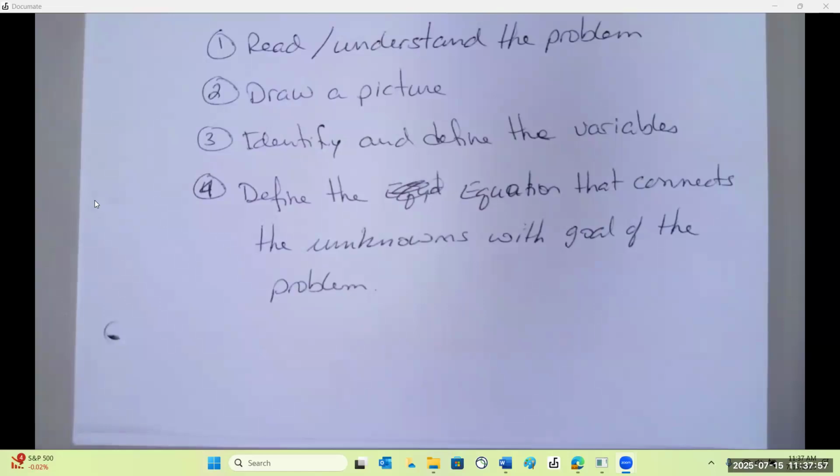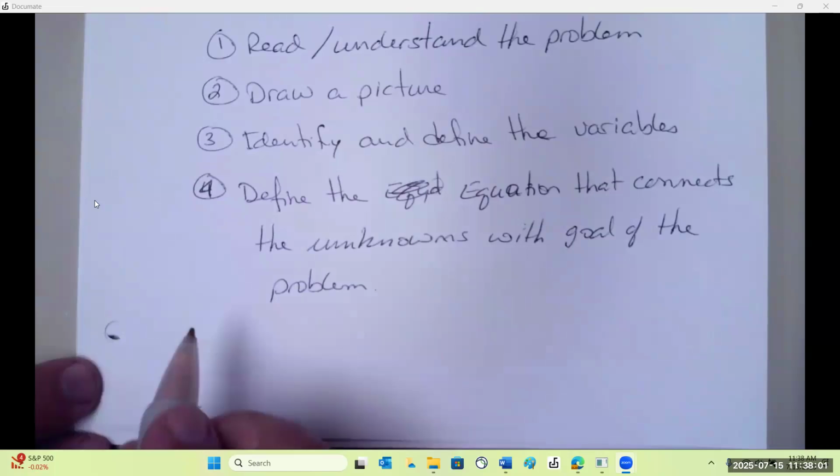Because this is where you integrate your variables into some sort of calculation process.